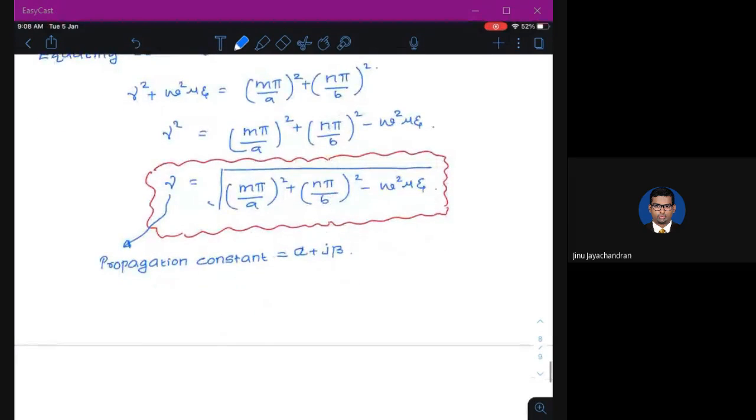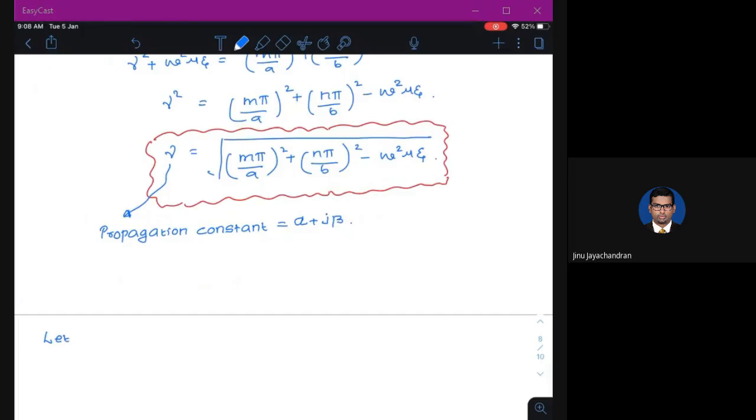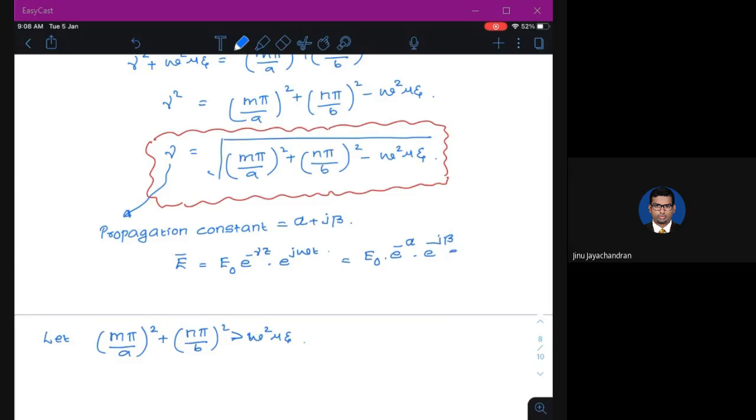Okay. Now let m pi by a whole square plus n pi by b whole square be greater than omega square mu epsilon. Remember, our equation of E at any point is some constant E0 e raised to minus gamma z e raised to j omega t. This is our equation. Okay. Now this is E0 e raised to minus alpha z into e raised to minus j beta z e raised to j omega t.